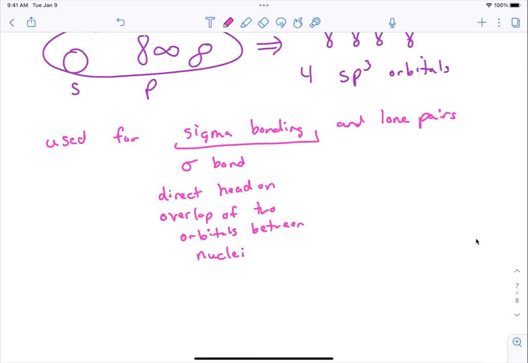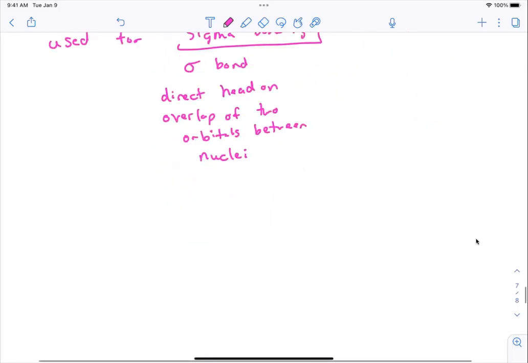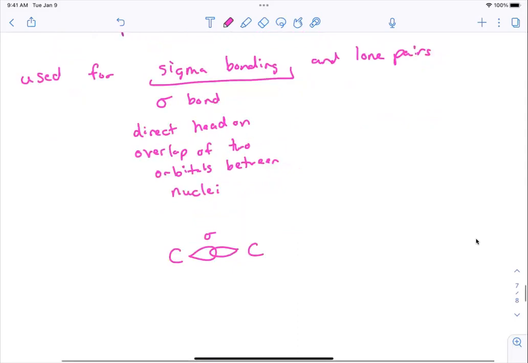So what you want to imagine is that if you had a carbon and another carbon, the first bond between them is that sigma bond happening between them, and that's a hybrid orbital between the two. Lone pairs also are in hybrid orbitals because they have to prepare for bonding if necessary.